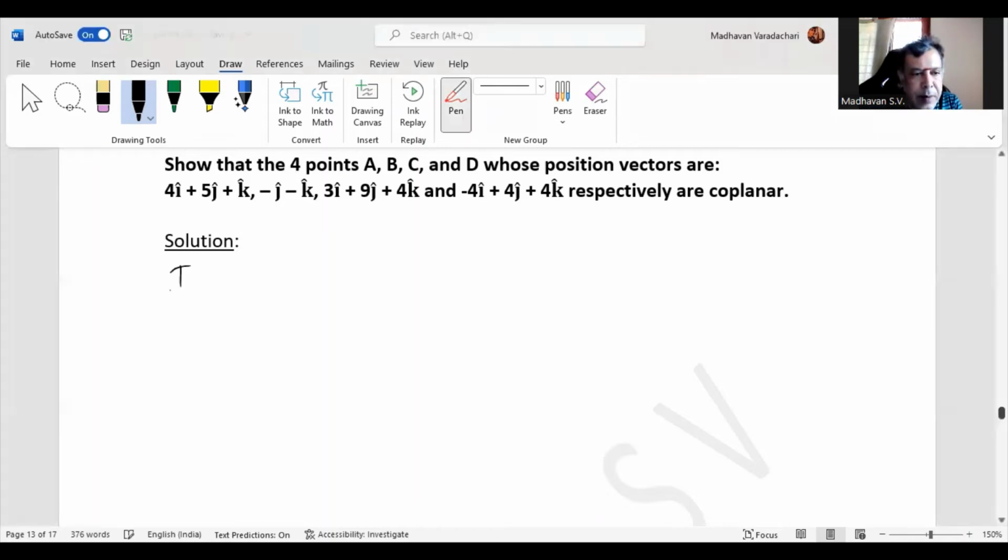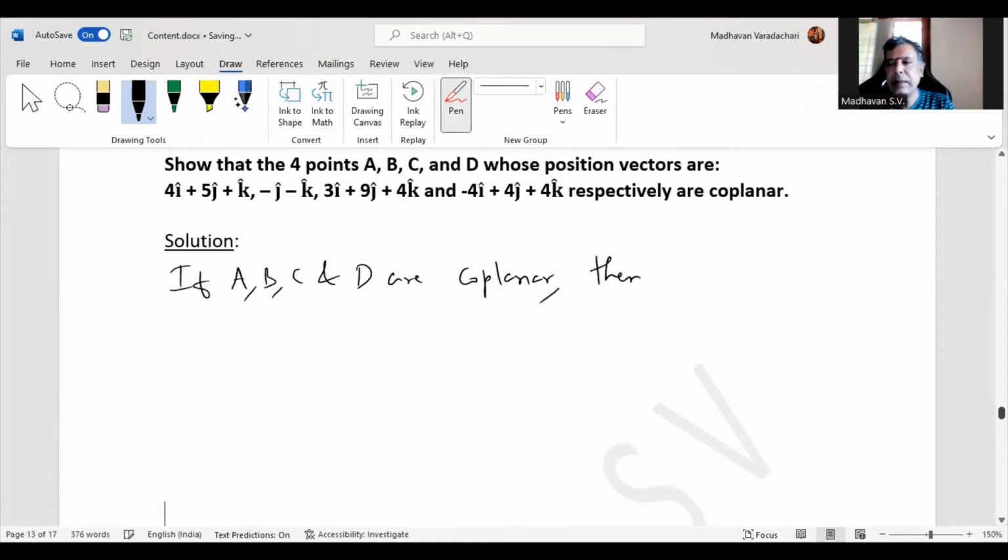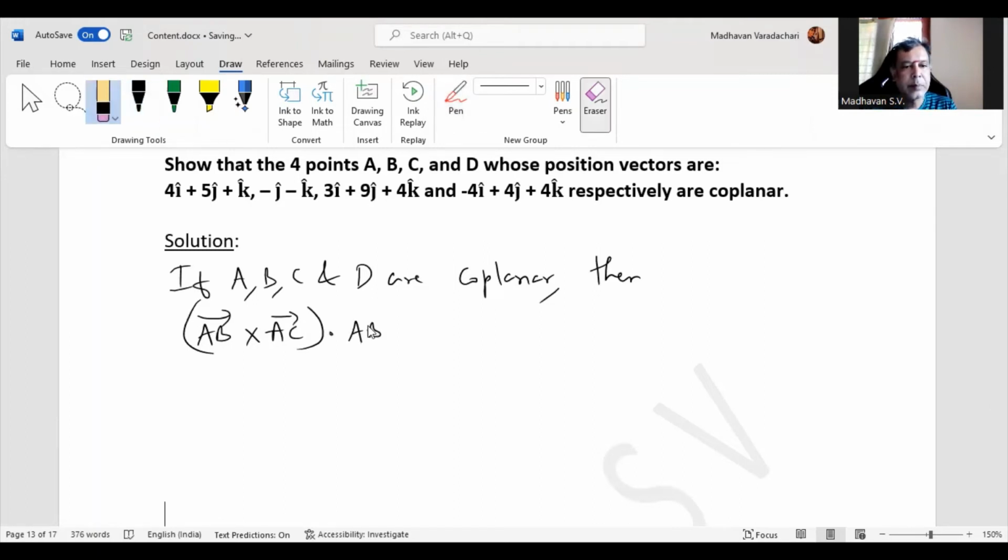If A, B, C, and D are coplanar, then AB cross AC dot product with AD should be equal to 0.